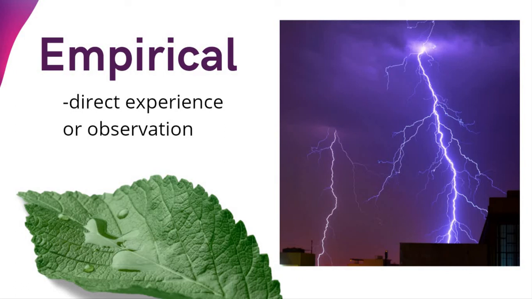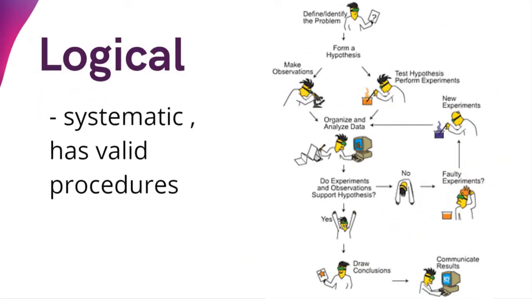And then when we say empirical, the collection of data relies on practical experience without the benefit of scientific inquiry or scientific knowledge. Next, what is this? Alright, logical. So when we say it's logical, it is based on valid procedures and principles. So research follows systematic and valid procedures.